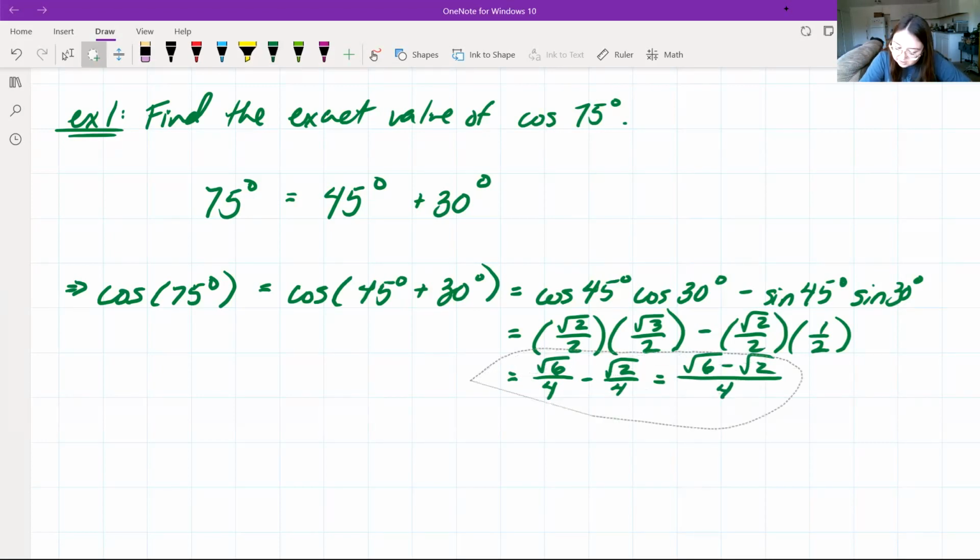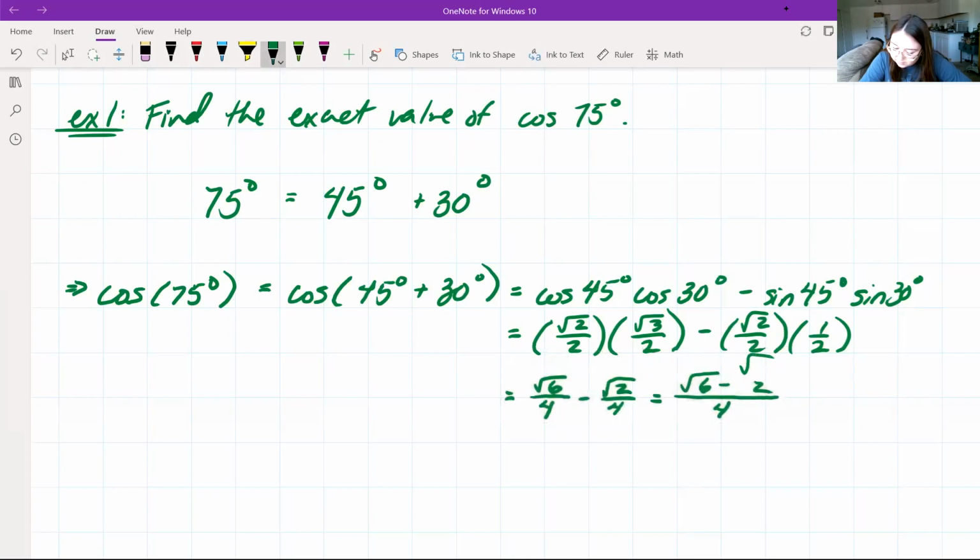So that would be our answer there. Let's move this down a little bit so we have a little bit more room. And this here would be our answer. So this tells us that cosine of 75 degrees gives us this value of the square root of 6 minus the square root of 2 all over 4.